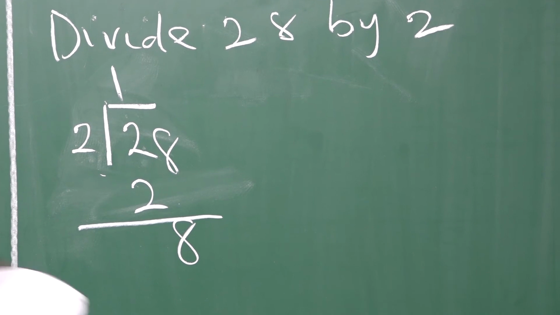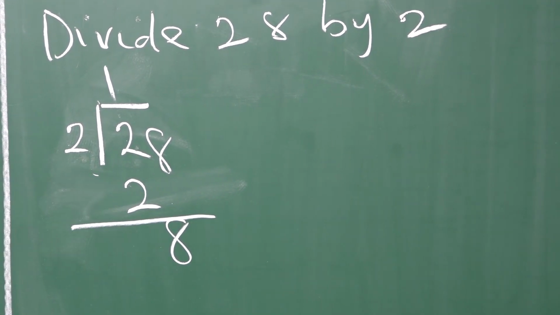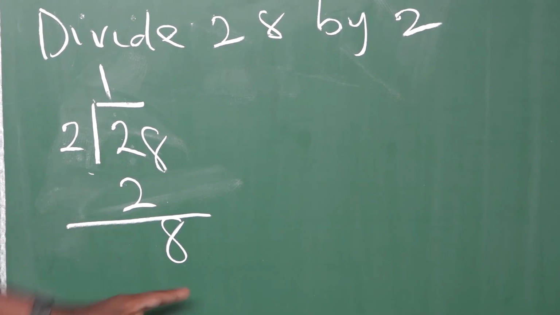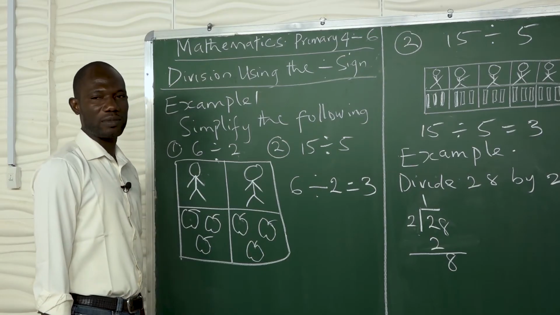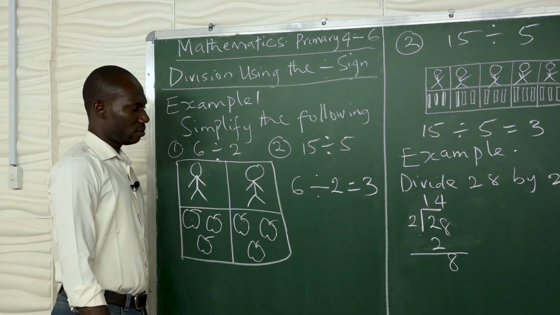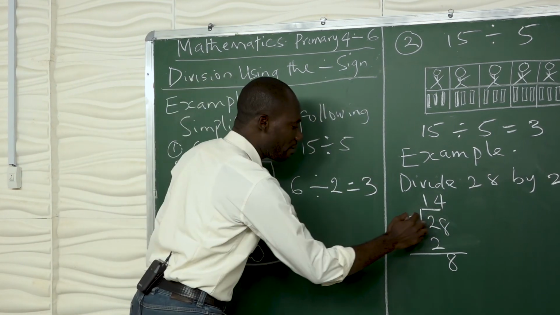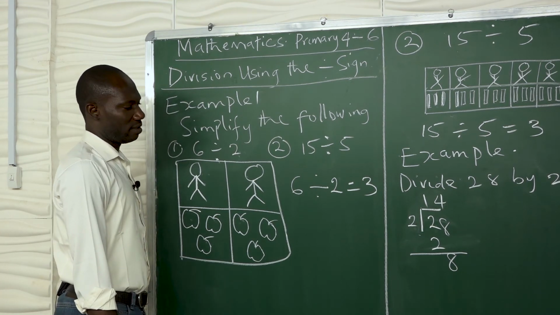Again, this division has not ended. So we'll now find out how many times 2 goes into 8. If you do it properly, it will go 4 times. So you will write 4 here. Again, 4 times 2 will give us 8.